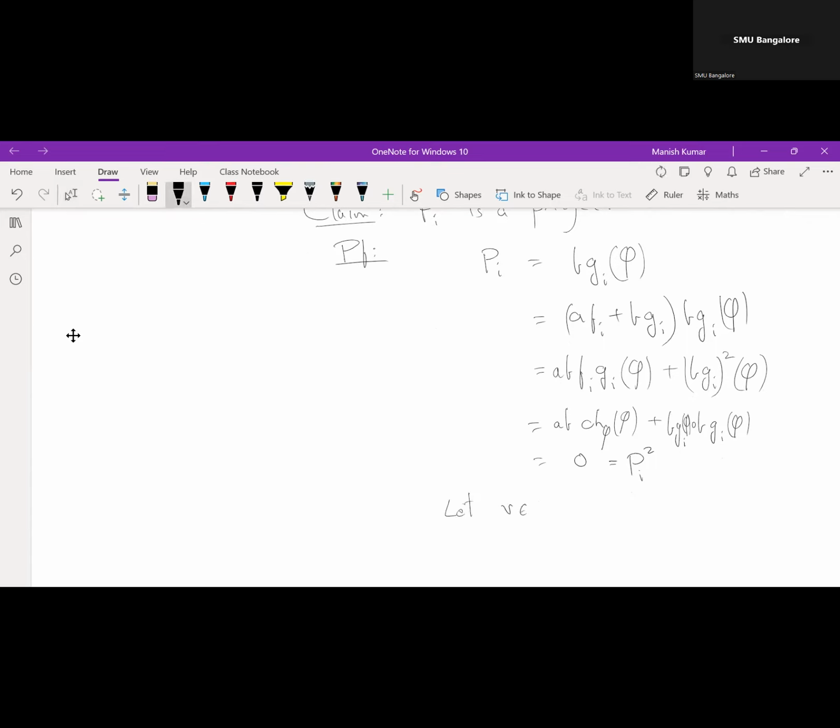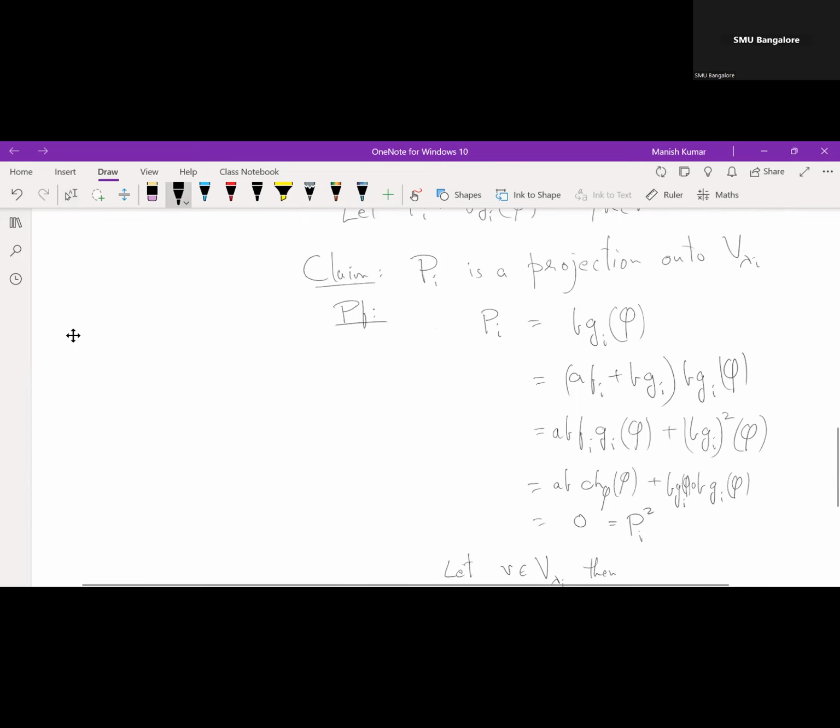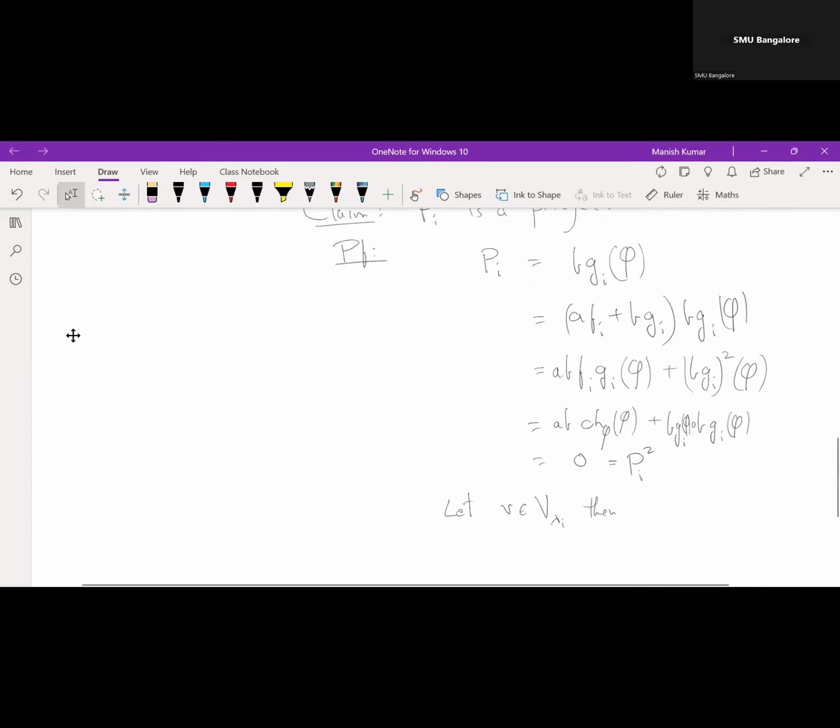We'll prove the two inclusions. Let v belong to V lambda I. Then we want to show that it lies in the image of pi.